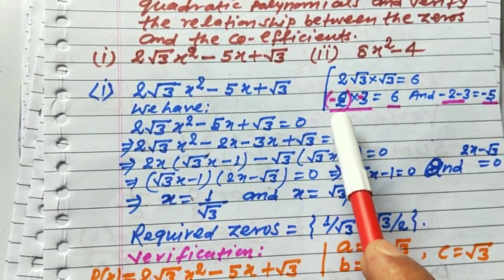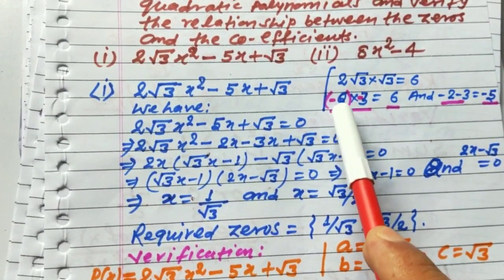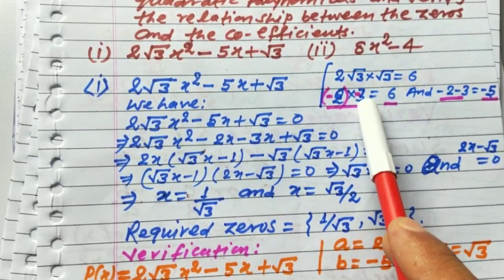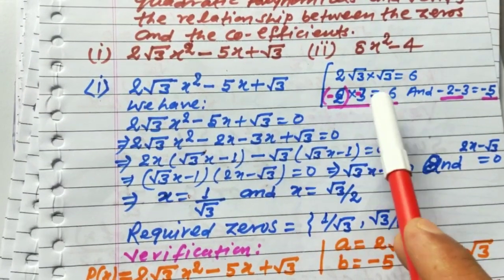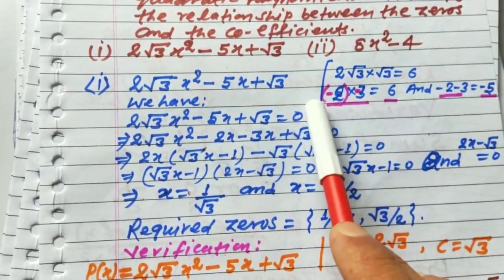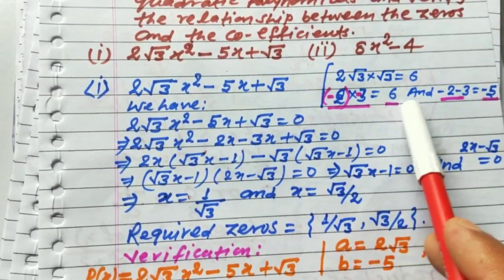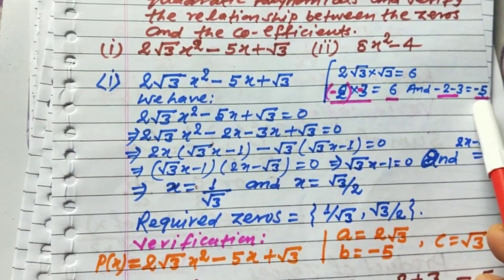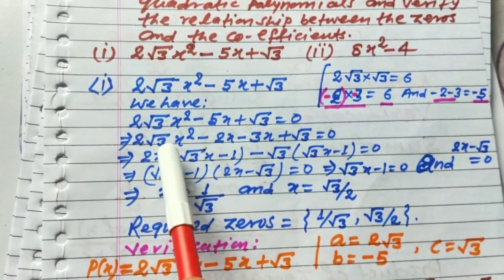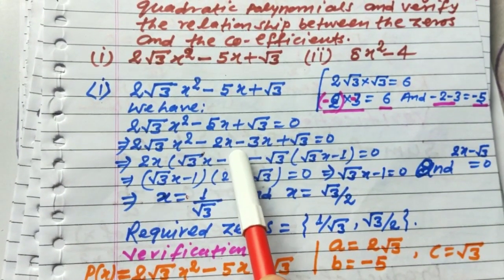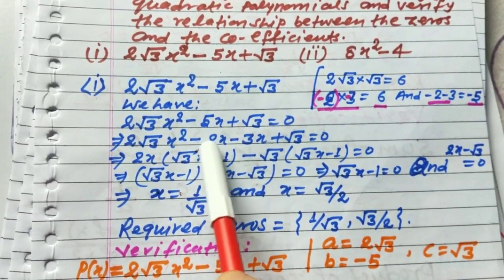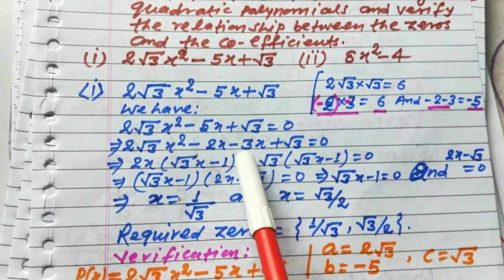So as you can see here, -2 multiplied by -3 will be equal to 6, since minus into minus will be plus, and -2 minus 3 will be equal to -5. So -5x can be written as -2x - 3x.